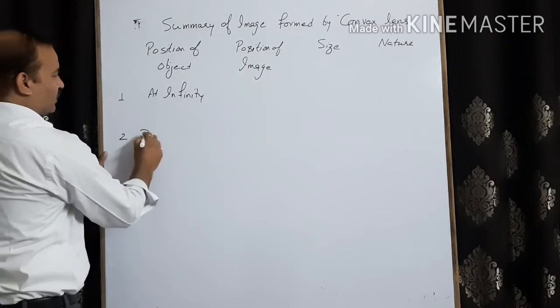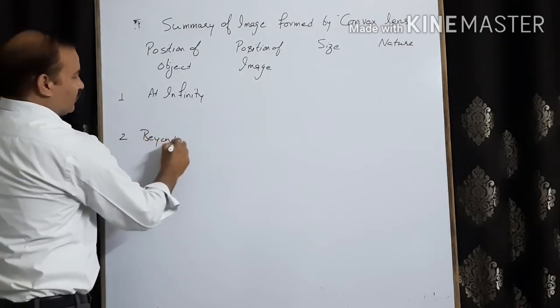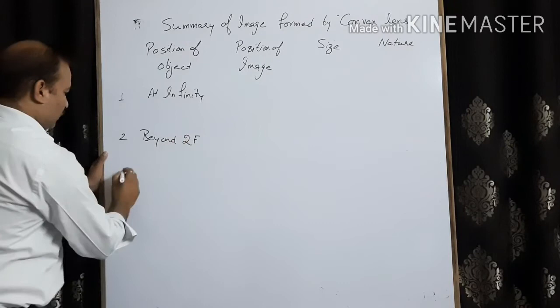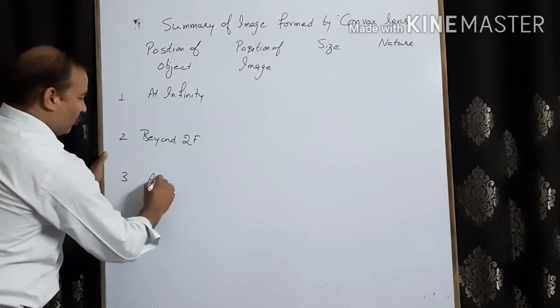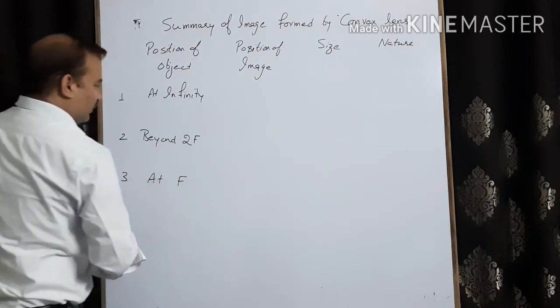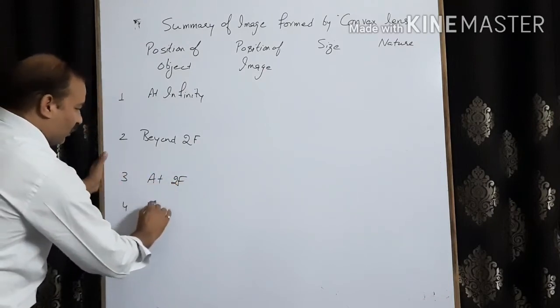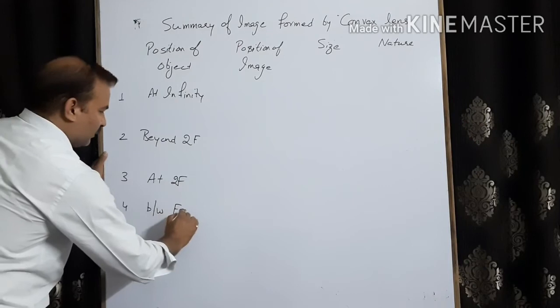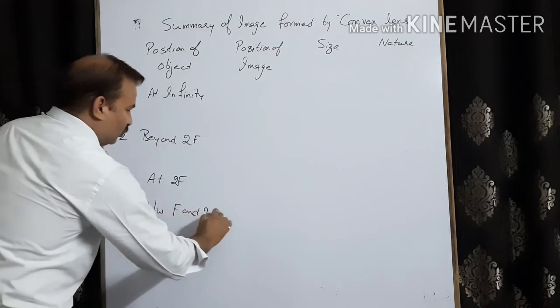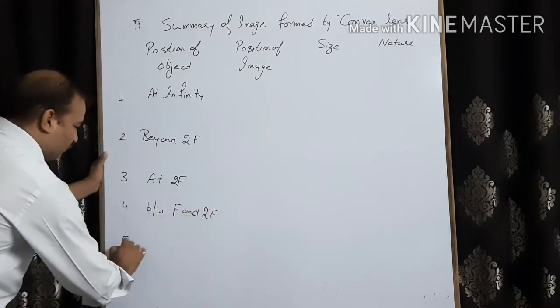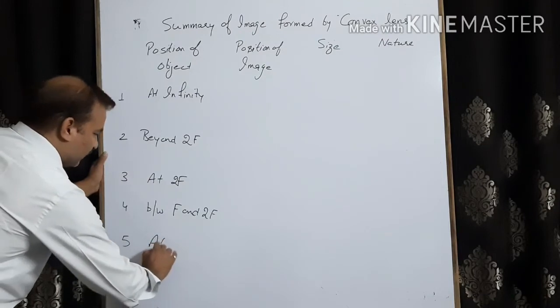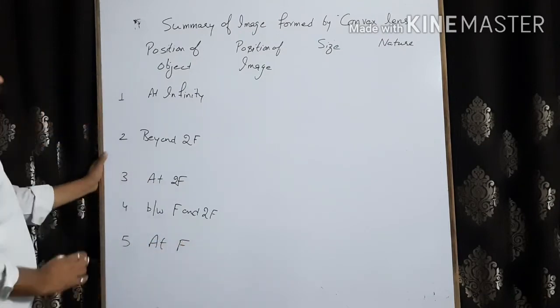Second case, when object is beyond 2f. Third case, when object is at 2f. Fourth case, when object is between f and 2f. And the fifth case is when object is at f.